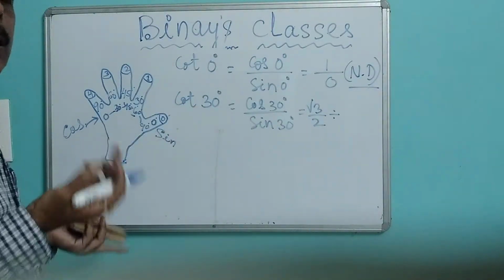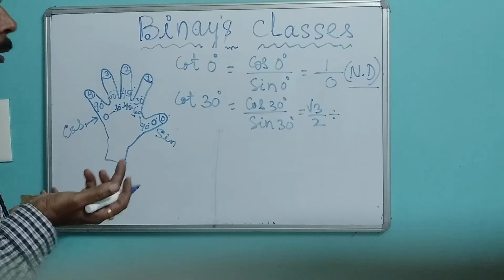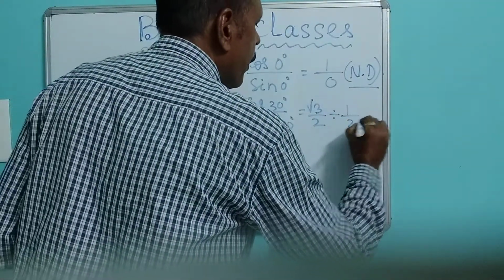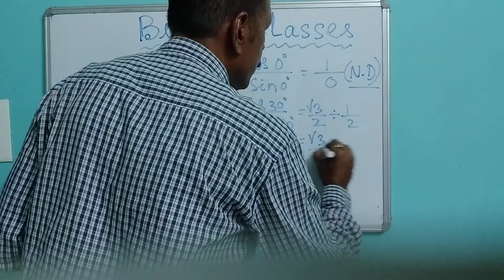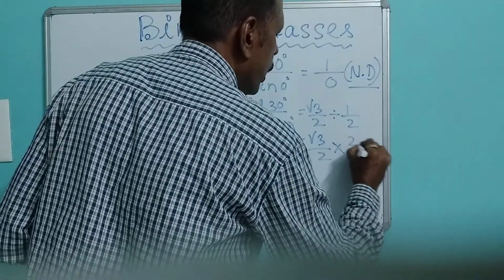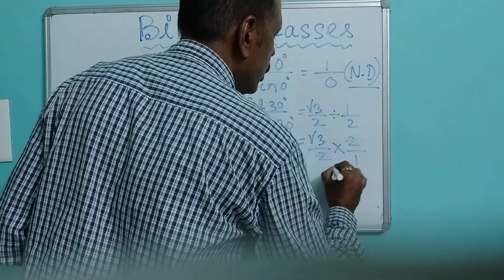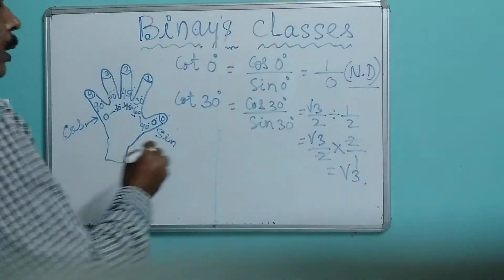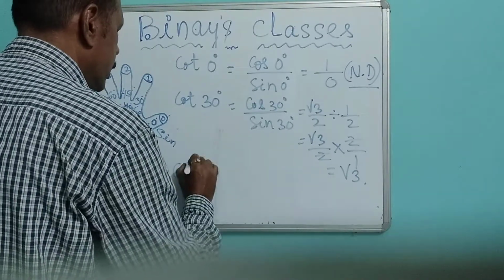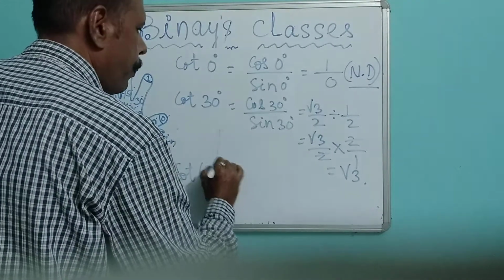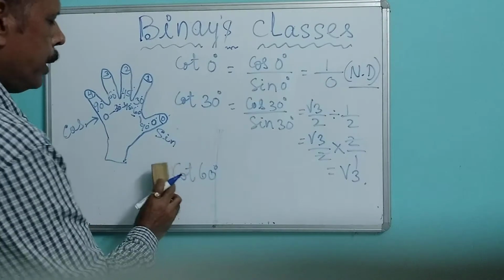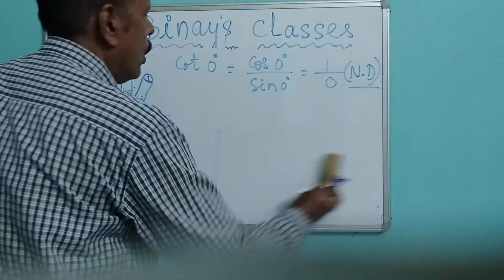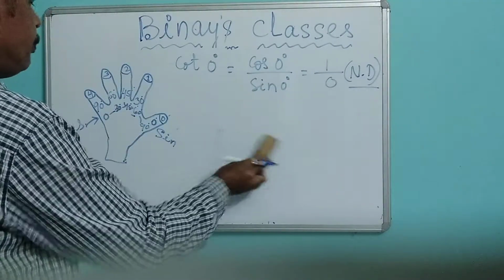Sin 30, already we have calculated, is 1 by 2. Root 3 by 2 reversed is 2 by 1, the 2 gets cut, giving root 3. Then comes cot 60 degree.